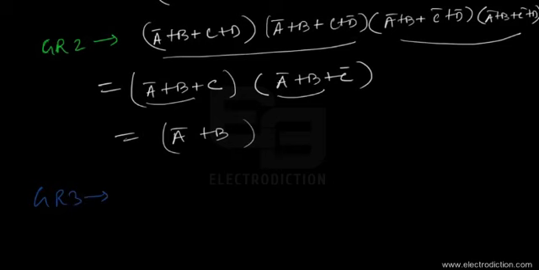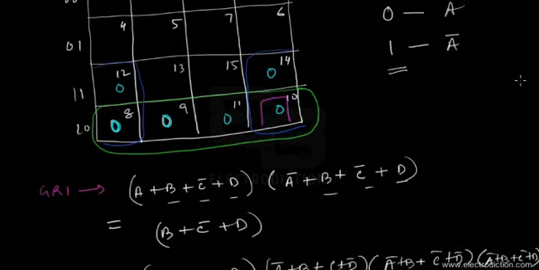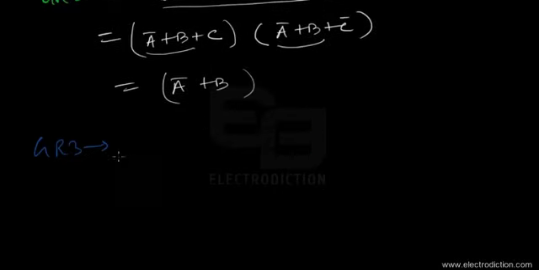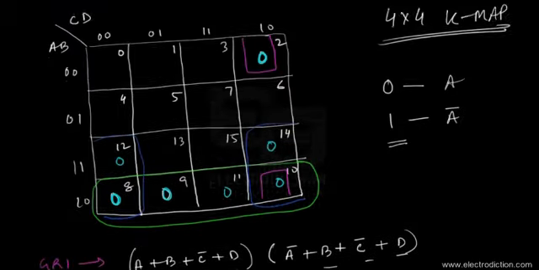So for group 3 you can see that we're going to have the cells 12, 8, 14 and 10. Okay, so if I write down the necessary expressions for each of the cells of group 3, then it'll be something like A bar plus B bar plus C plus D. Okay, let me just take a look once again.